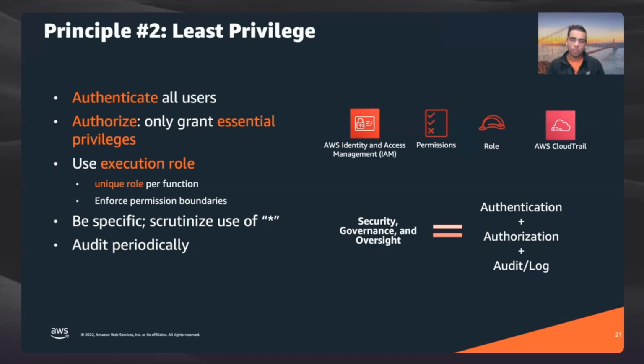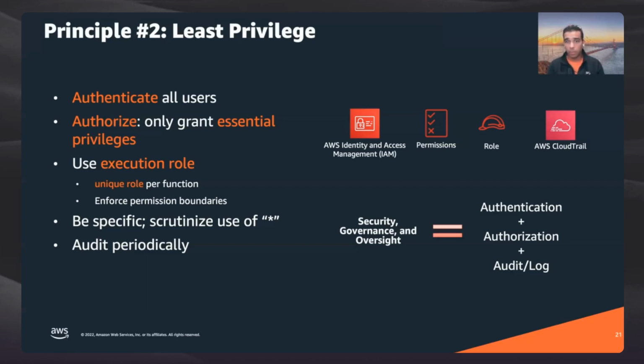As you're granting these privileges to these applications, if you're running in the dev environment as you're testing out these applications, it may seem easier to just give star permissions to all of these different services. However, we highly encourage you to scrutinize, in fact, avoid using star permissions. Grant users, not just users, but also applications and services, just the right amount of permissions based on least privilege that is necessary to perform the task.